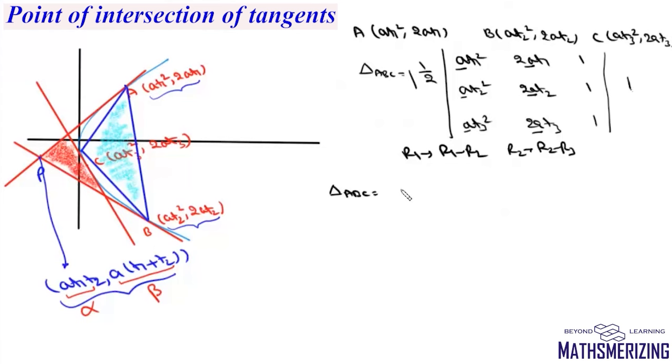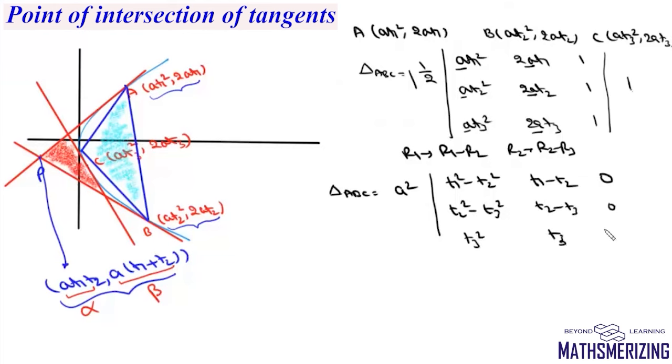So we'll get a square, and then here we'll get rows: t1 square minus t2 square, t1 minus t2, 0; t2 square minus t3 square, t2 minus t3, 0; and t3 square, t3, 1. Now from the first row we can take t1 minus t2 common, and from the second row we'll take t2 minus t3 common. So we can write this area as a square times (t1 minus t2) times (t2 minus t3).